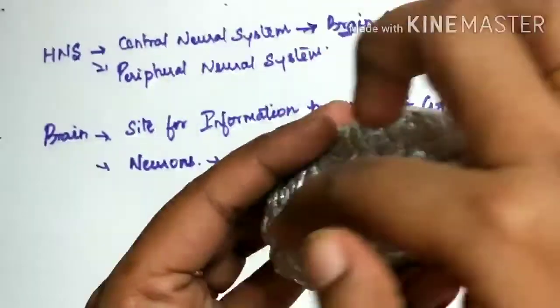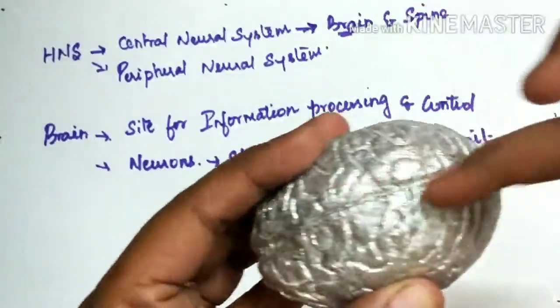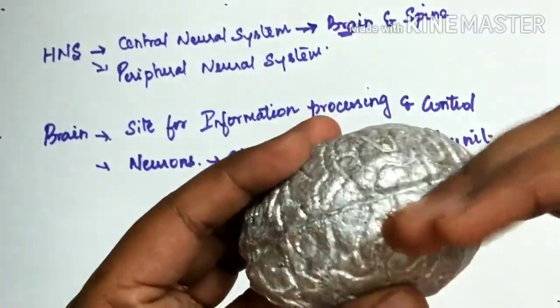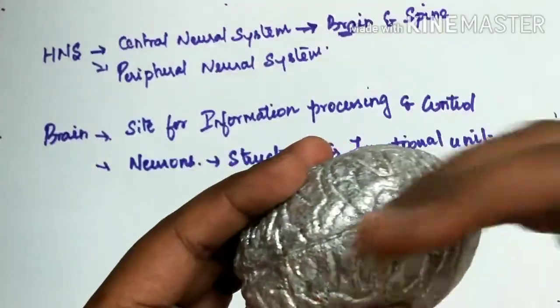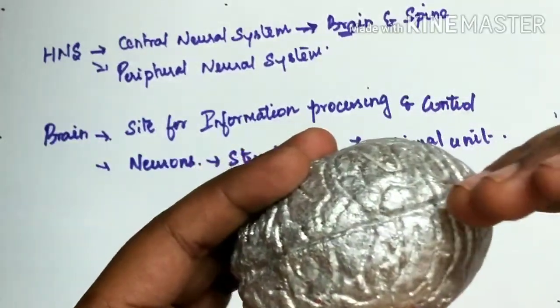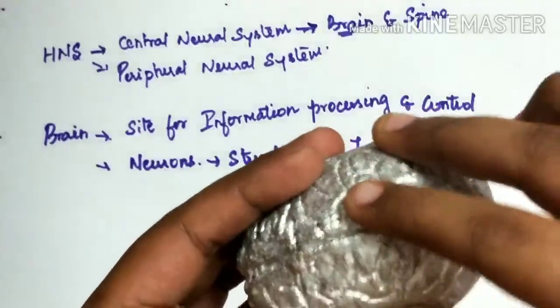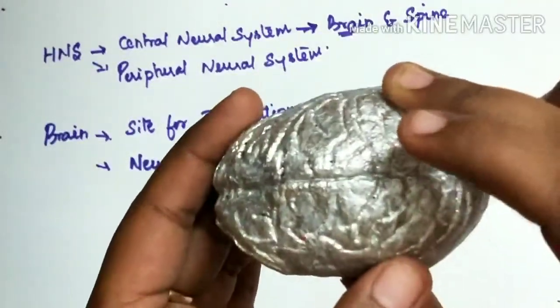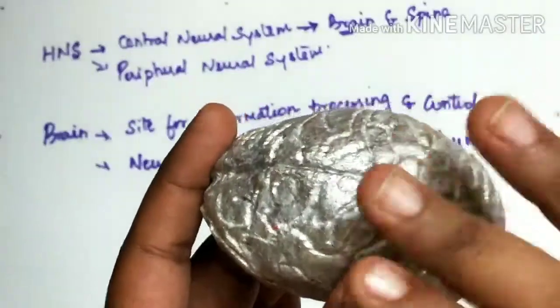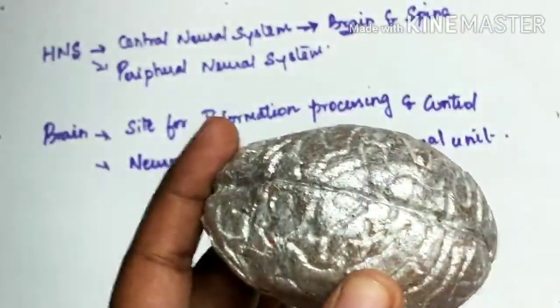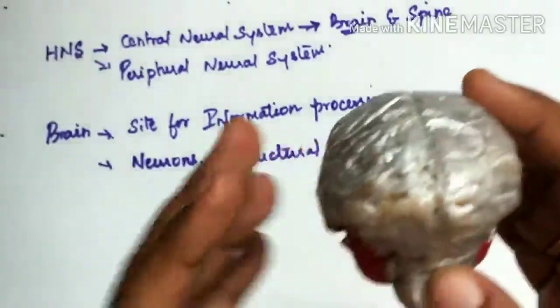In the top view you can see a line cutting the cerebral cortex, dividing it into two hemispheres, called the right and left hemispheres.